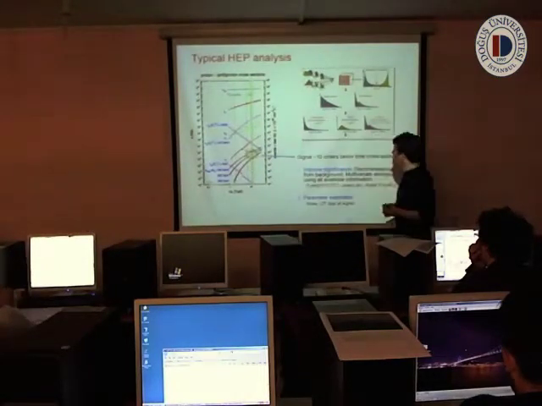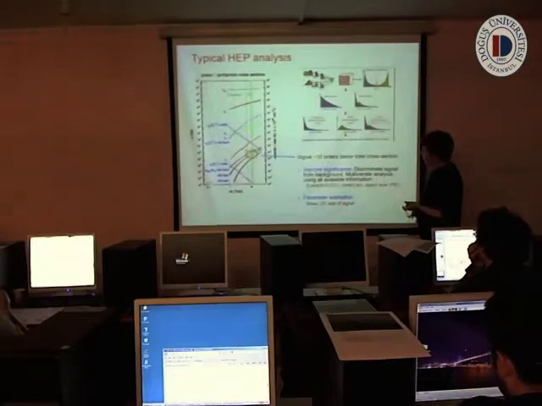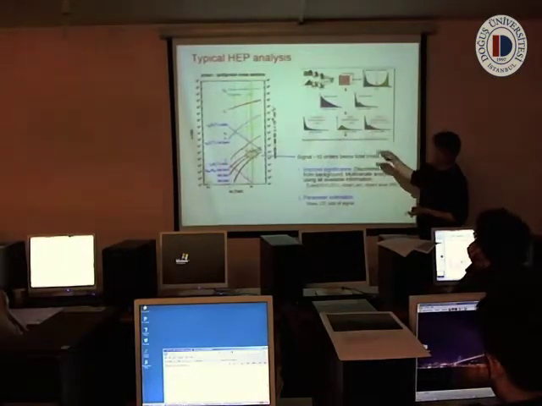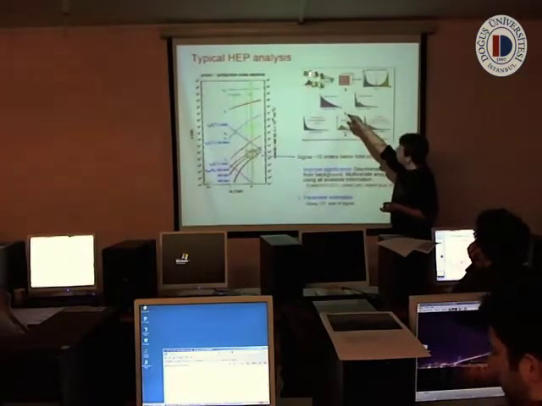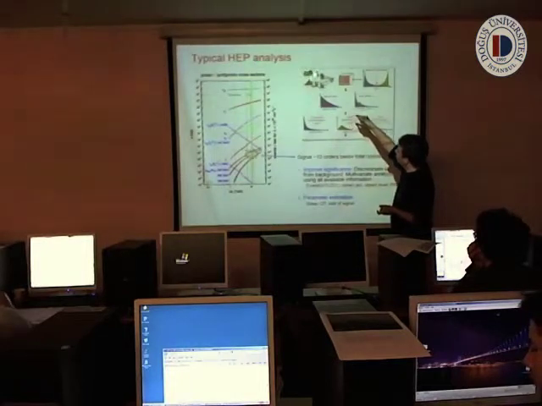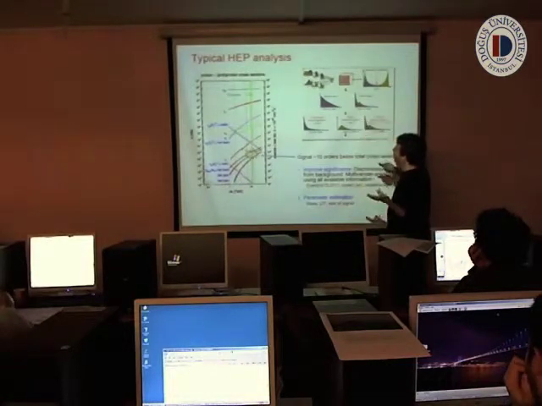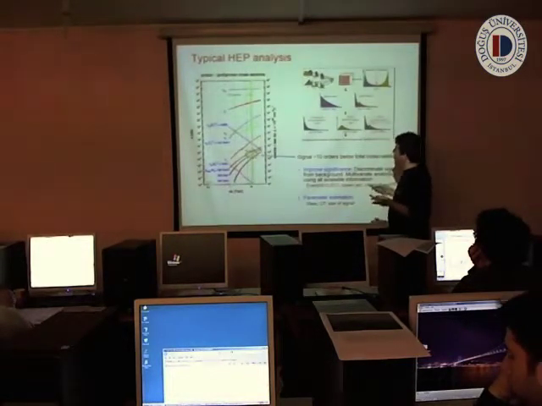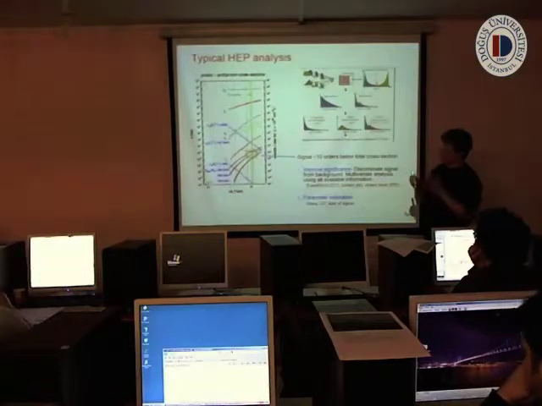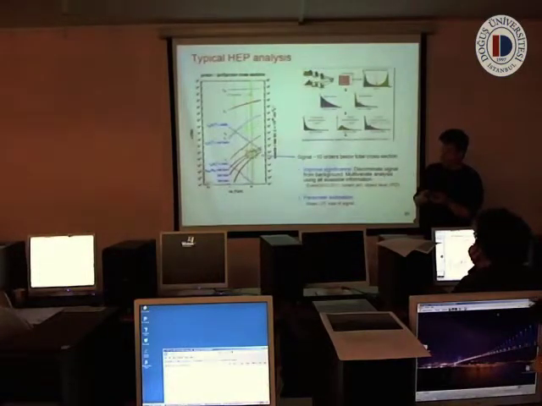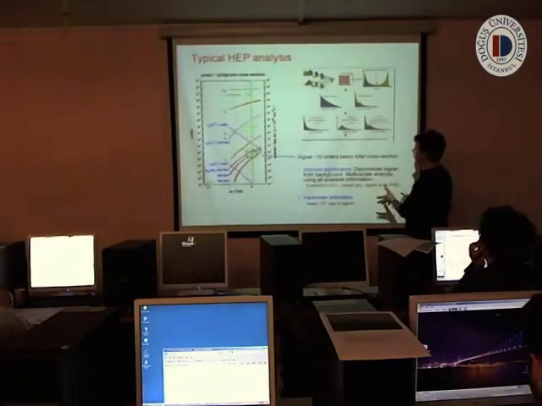But it can be made a little bit easier by doing the following. You measure your events, you measure momentum distributions, you measure the number of tracks, whatnot. Everything you can imagine might be different for the signal you're interested in and for the background you're not interested in.